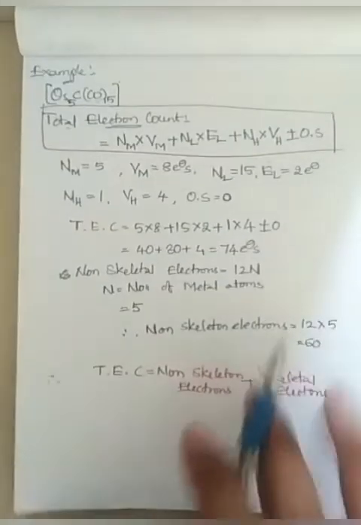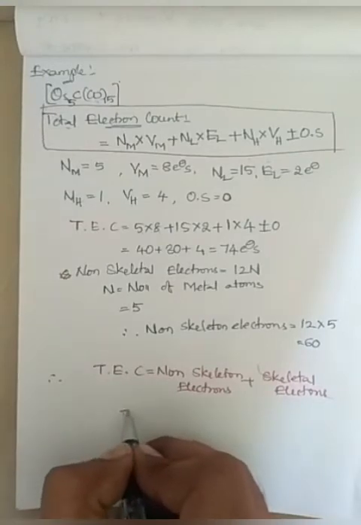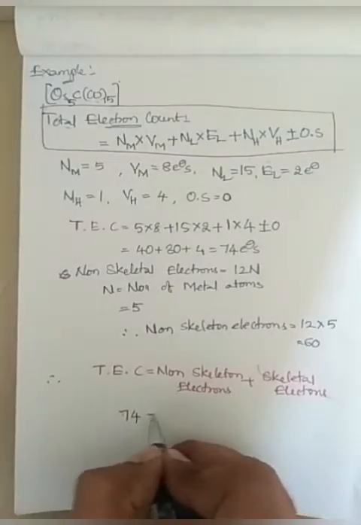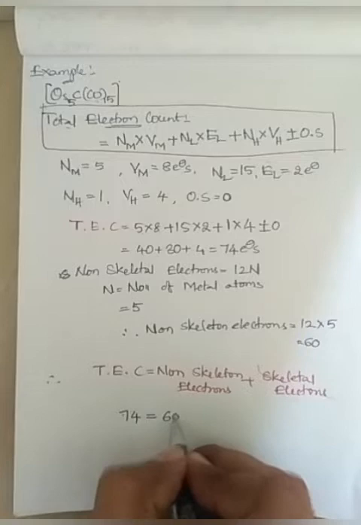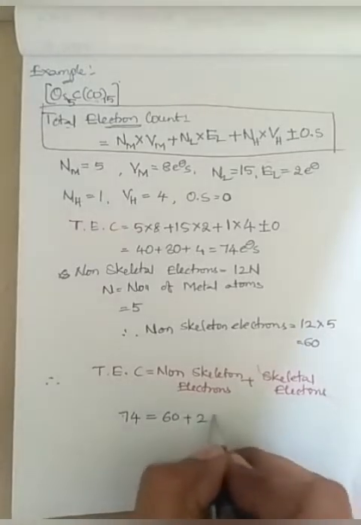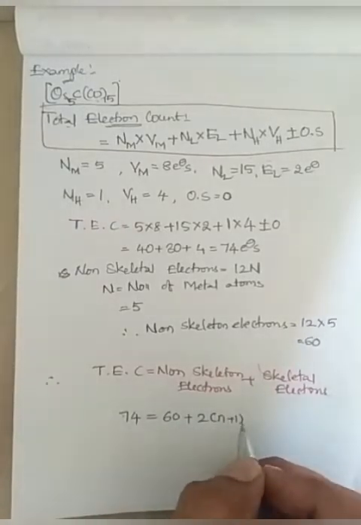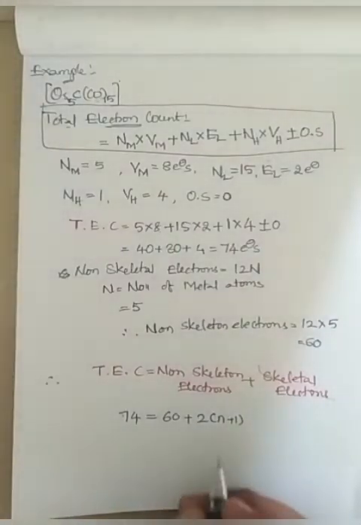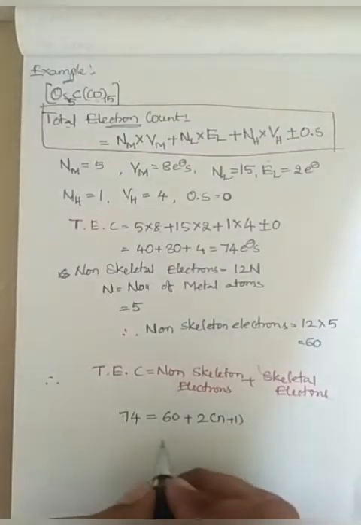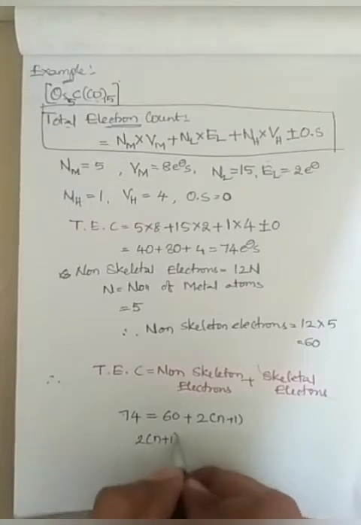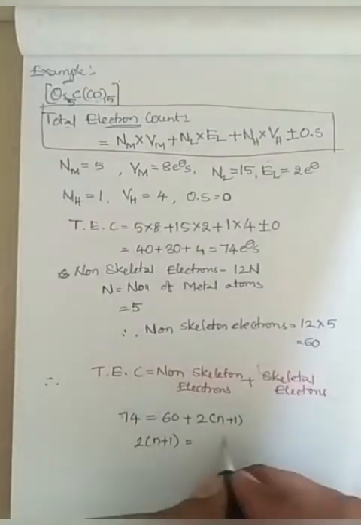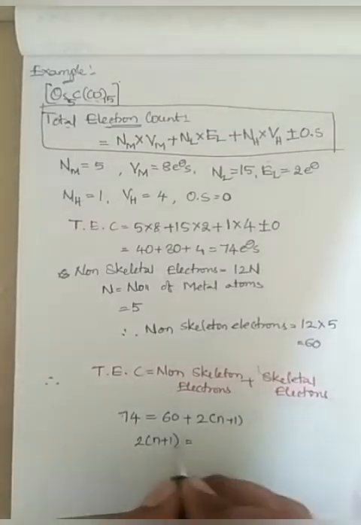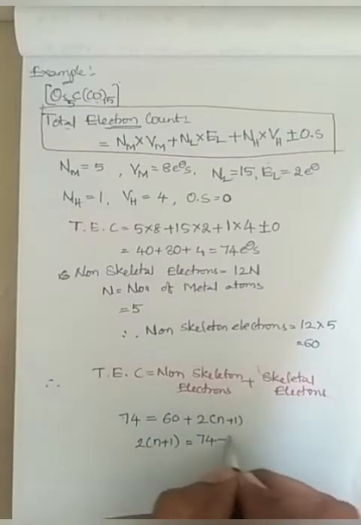Then that means 74 is equal to 60 plus 2 into n plus 1, where 2 into n plus 1 is equal to 74 minus 60.